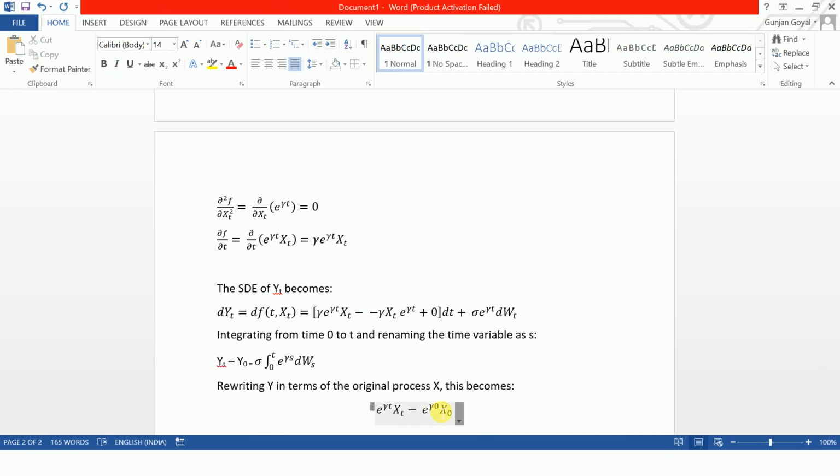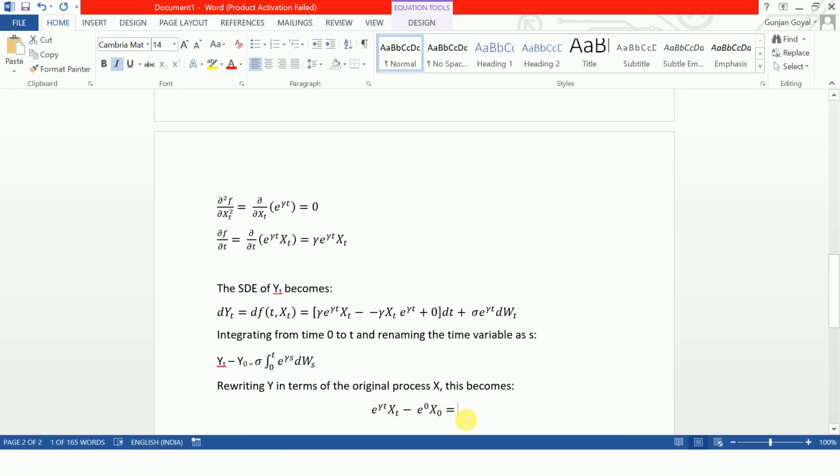Okay, this becomes gamma into 0, so e to the 0, and then this is equal to the value of this: sigma integral 0 to t e to the power gamma s dWs.